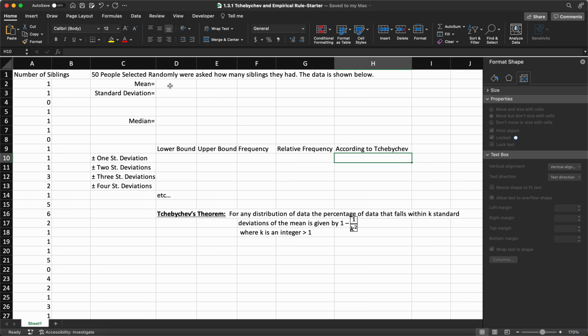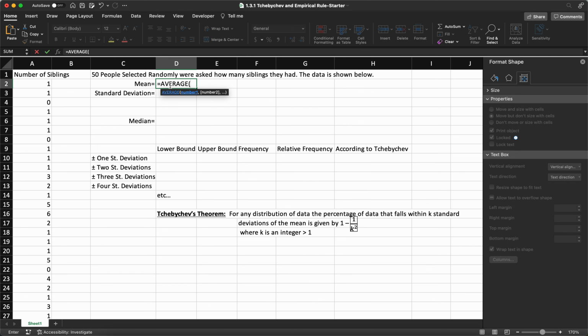And so I'm going to recap really quickly how to find the mean and standard deviation using our built-in formulas. We have, in this case, the original data, so I can just use my built-in formulas. So for the mean, I use the average formula.